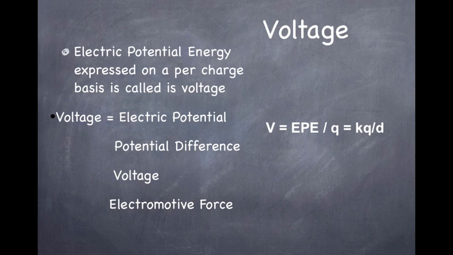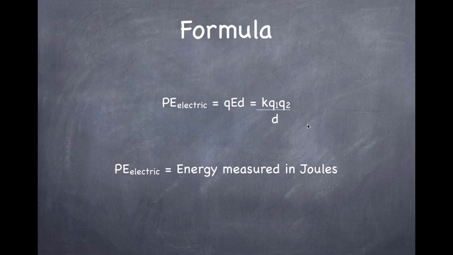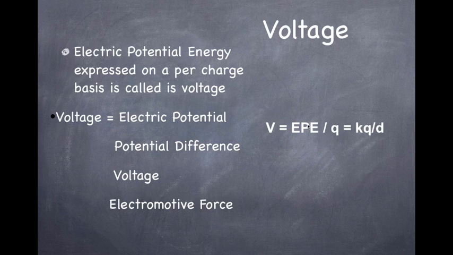But basically it's the electric potential energy divided by charge. So it's the energy on a per charge basis. Whenever you do that, it simplifies down to just kq over d, and that's another expression for the voltage. So we have a lot of formulas here, one for potential energy and one for voltage, but they're all related to one another. If you can see the commonalities between them, it makes it a lot easier.